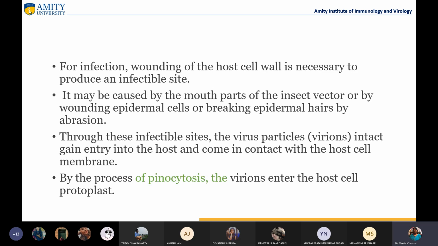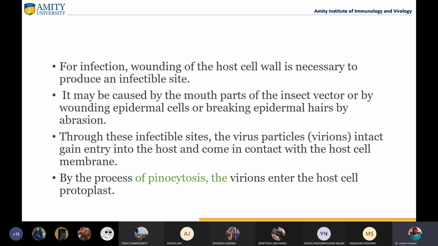For infection, wounding of the host cell wall is necessary to produce infectable cells. So how will the virus enter? There needs to be some way. If it is through vectors, then the vectors feed on the plant, wounding is done, and when they probe, they introduce the virus into the plant.